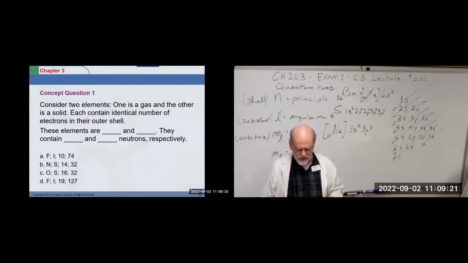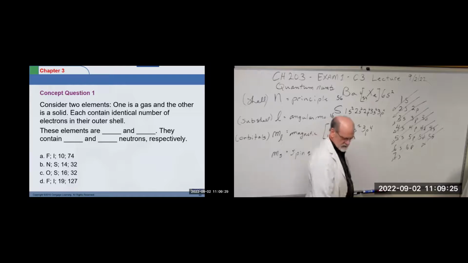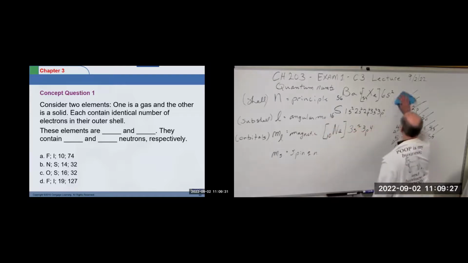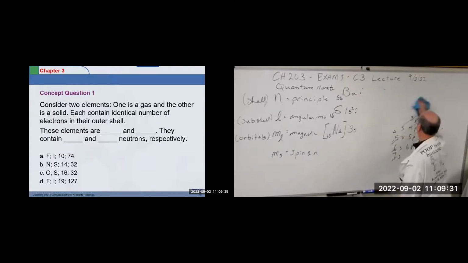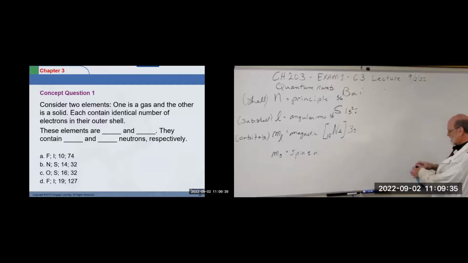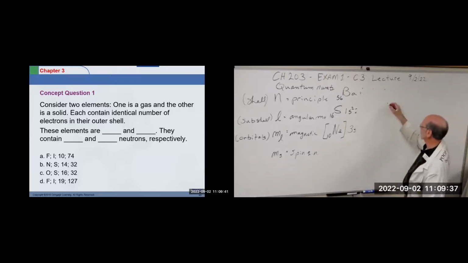Let's see, consider 2 elements. One is a gas and the other is a solid. All right, so let's try to make sense of this thing. You got 2 elements. I can't use Y because that's yttrium. What's another letter that's not being used?